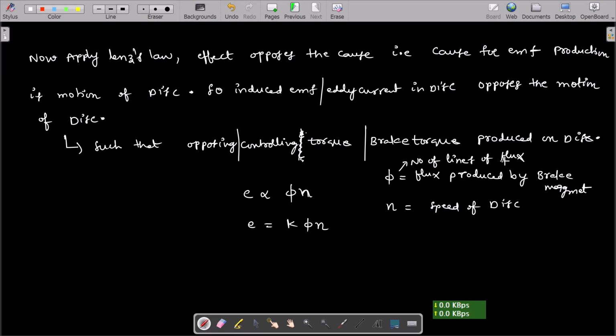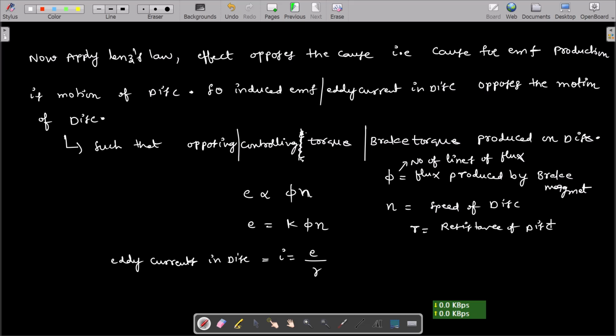Now similarly, the eddy currents in the disk will be given by I is equal to E by R. Now this R is nothing but the resistance of the disk.